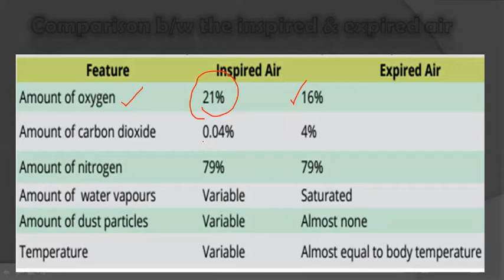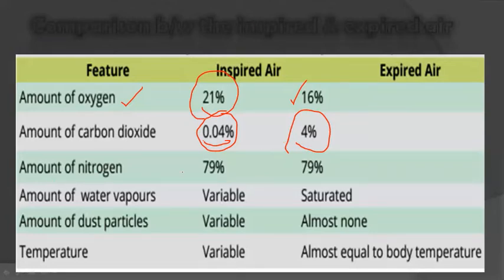Amount of carbon dioxide, yes, definitely 0.03 to 0.04% carbon dioxide is present in the air. So we inhale all that amount, because we are inhaling the whole air in one breath, but we exhale more of this. Why do we exhale more? Because our body produces more carbon dioxide, so we exhale it.